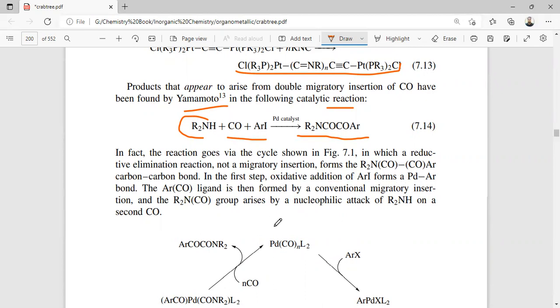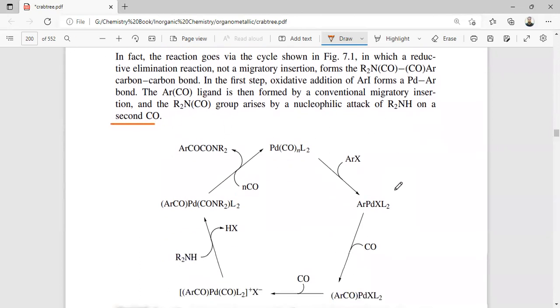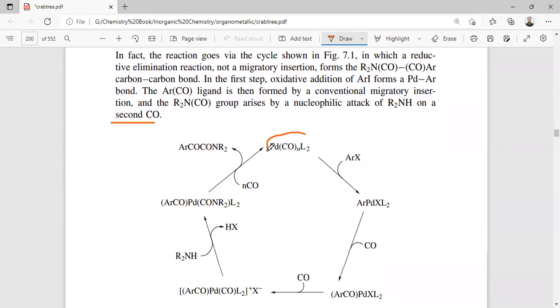In the first step, oxidative addition of ArI forms a palladium-Ar bond. The ArCO ligand is then formed by the conventional migratory insertion, and the R2NCO group arises by the nucleophilic attack of R2NH on the second CO.